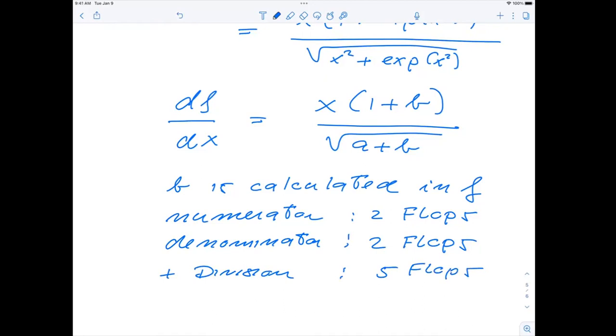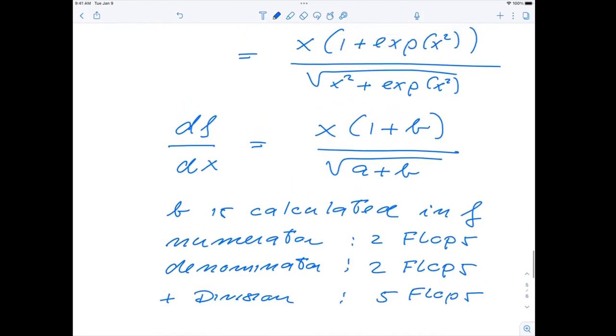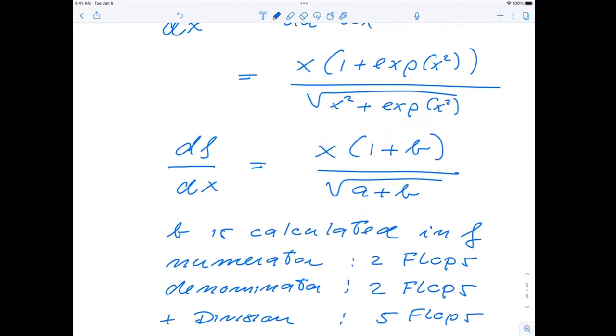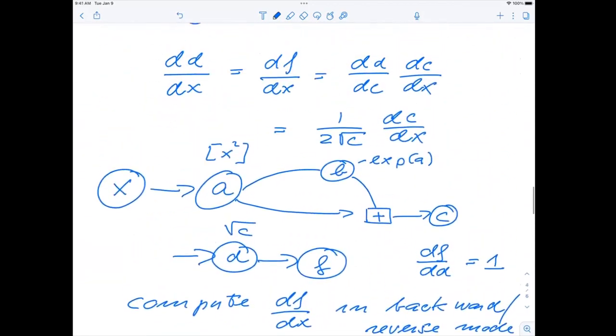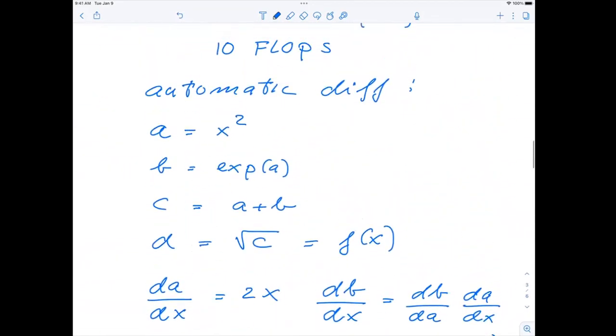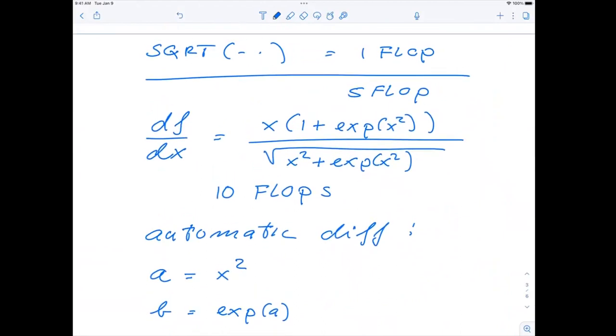Now, if you go back to the original equation which we had, if we were to use a symbolic package like Mathematica, Mathematica would give us this expression which you see up here. And if we calculate that one without thinking, Mathematica can even translate this into C++ or Python code for us.